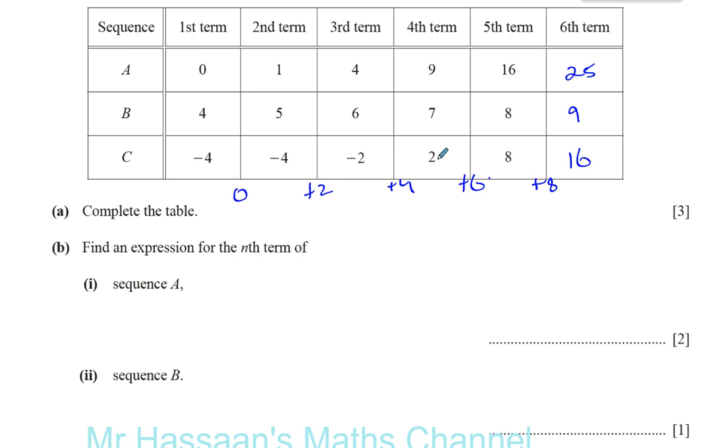Now another way of doing it, which is a very clever way, is if you look at a sequence and you're not very sure about it, you can always check how it relates with other terms in the sequence. So if you see here, you've got A and B. If you do sequence A minus sequence B, you get sequence C. 0 - 4 is -4, 1 - 5 is -4, 4 - 6 is -2, 9 - 7 is 2, 16 - 8 is 8, and 25 - 9 is 16.